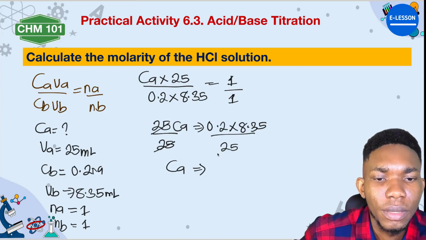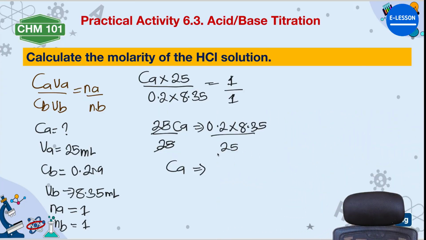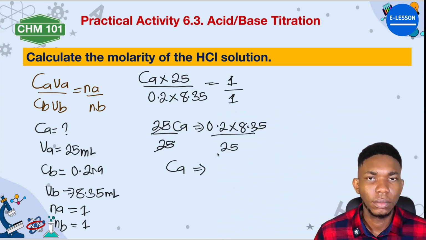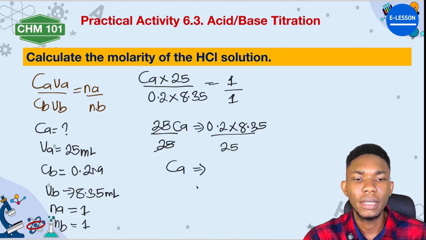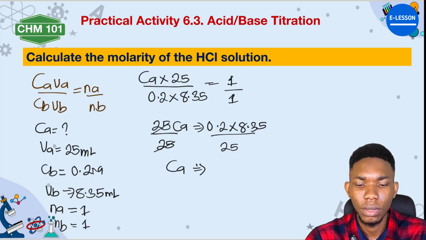Let me get my calculator. 0.2 times 8.35 gives us 1.67.